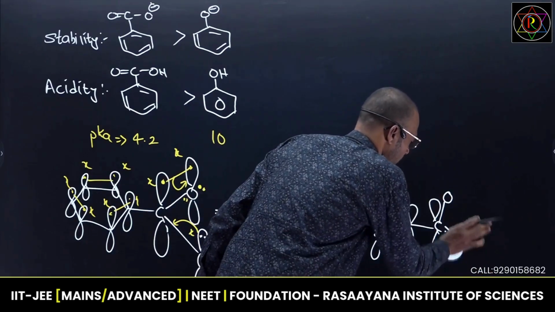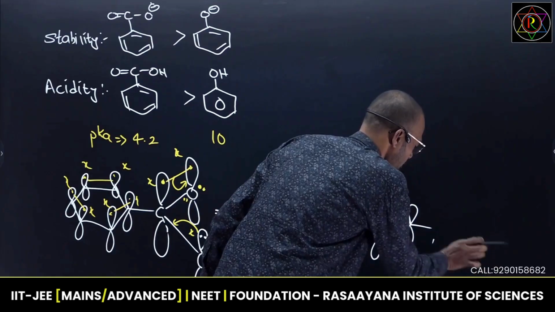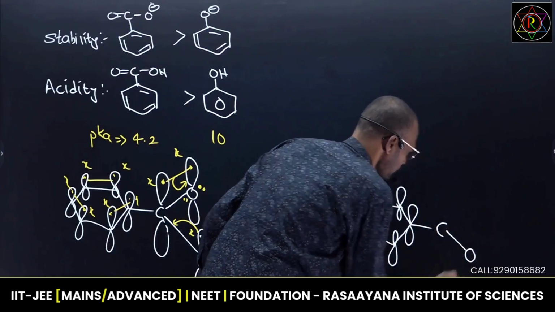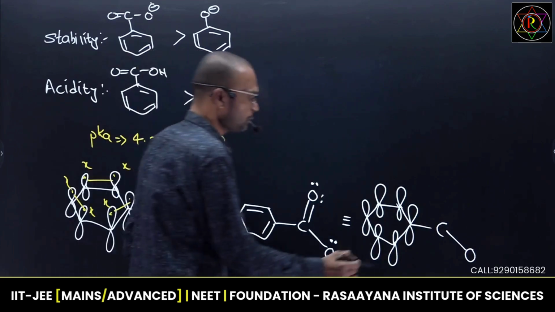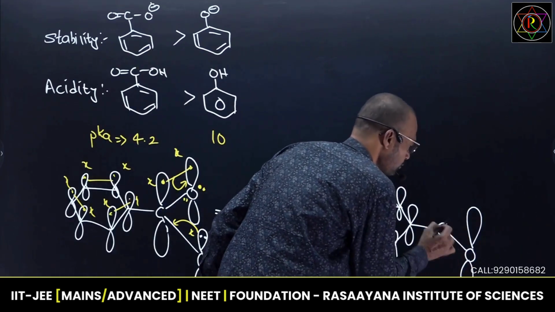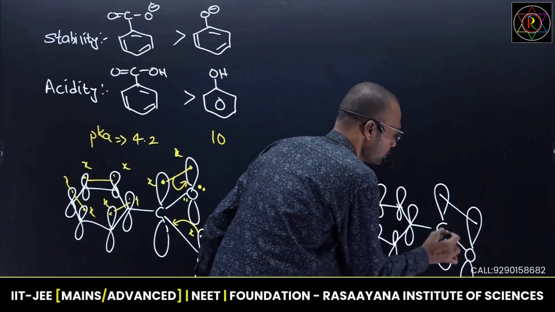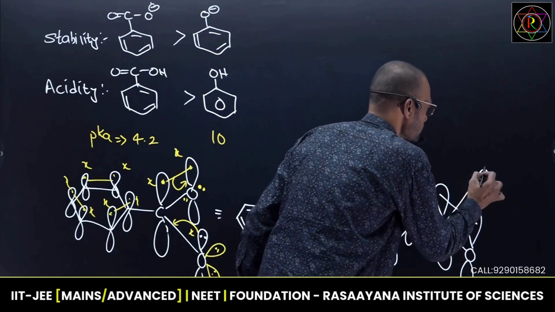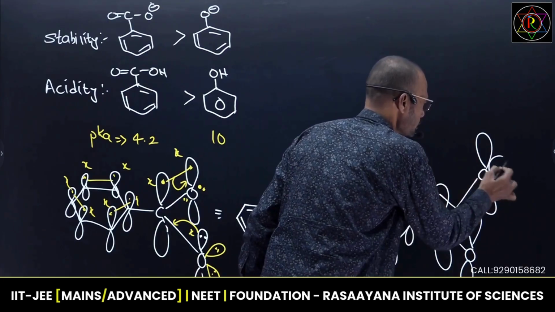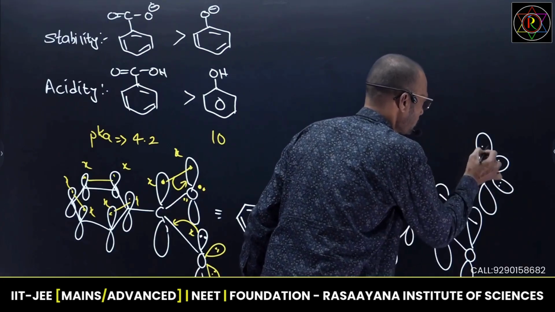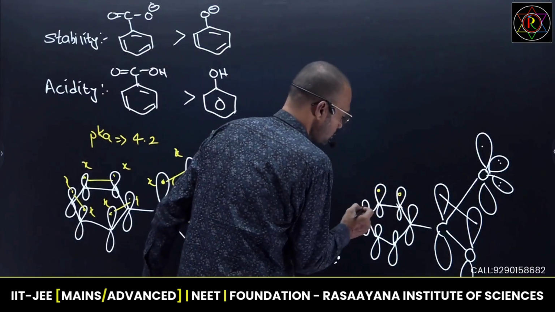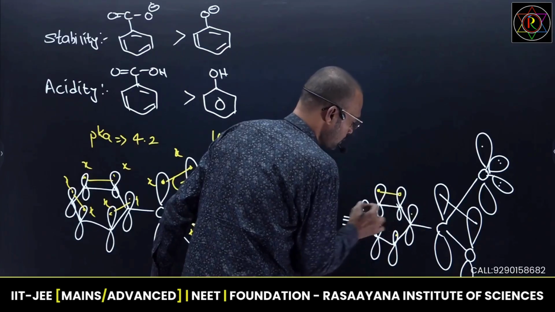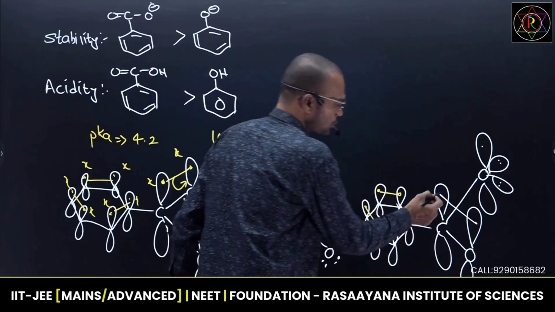Now see, when this carbon starts overlapping with this one, this electron is added here and this electron forms a bond here. Now you make one more bond, and here this oxygen carries that negative charge. Here one lone pair and here one more lone pair. So there are 6 delocalized electrons in benzene like this, 1, 2, 3, and here also 2 electrons.